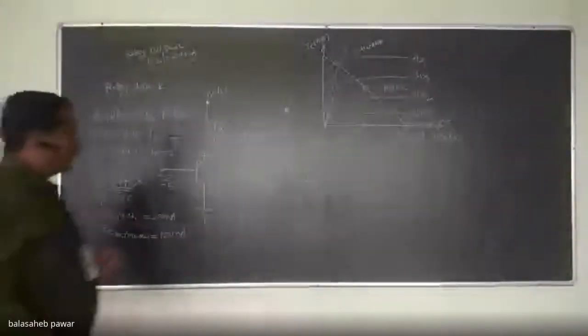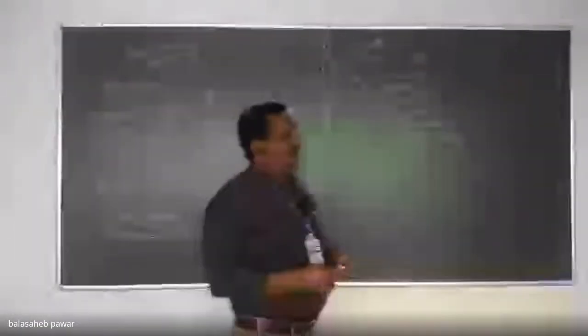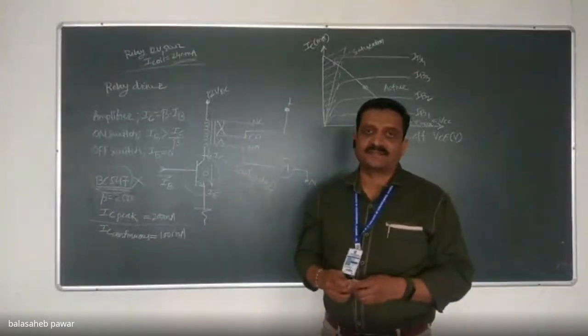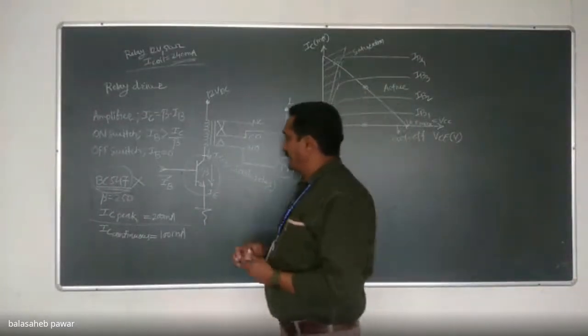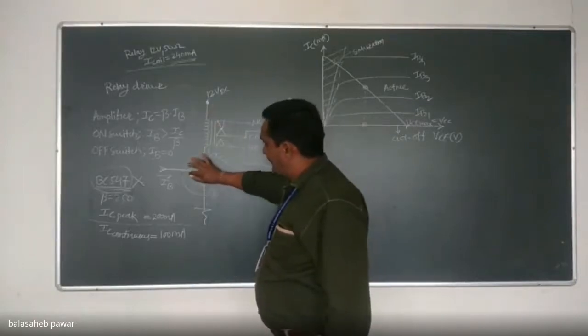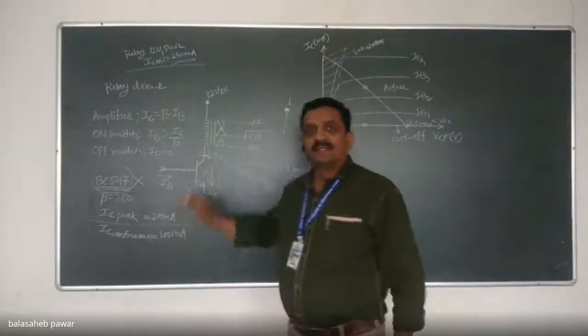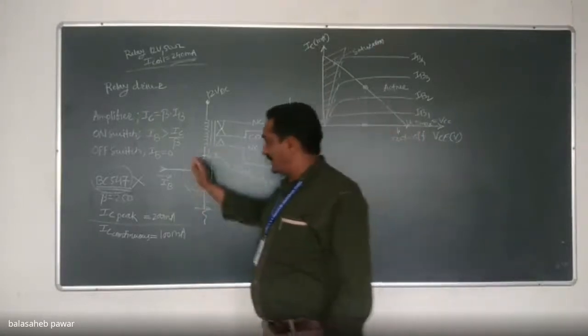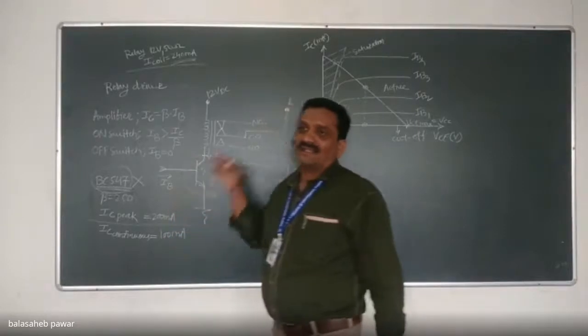But over here, the application of the transistor is as a switch, right? So just imagine if we want to turn on a device, that is a relay, by using our electronic switch, that is the BJT. If it is in on state, or whenever it gets closed, we can say as a switch, then the relay will operate.